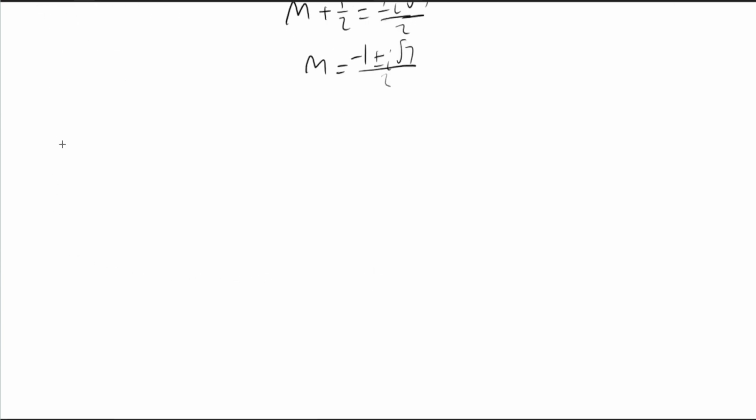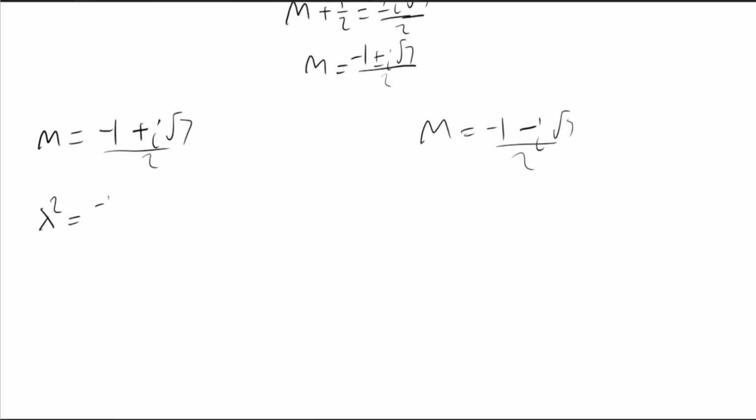Now we'll consider two possibilities. Either m is equal to negative 1 plus i root 7 over 2, or it's equal to negative 1 minus i root 7 over 2. So we have x squared equals negative 1 plus i root 7 over 2. So x equals plus or minus the square root of negative 1 plus i root 7 over 2.